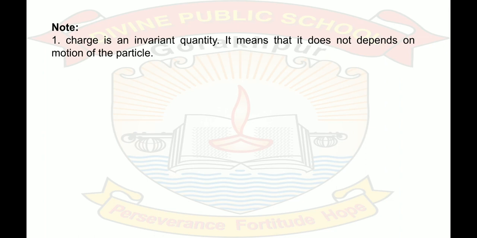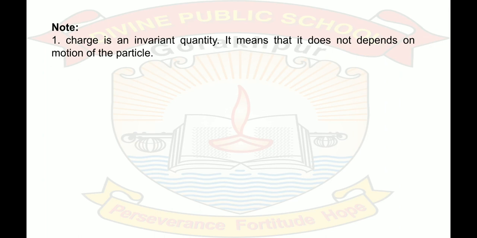Mass is also a property. Mass is actually the amount of matter contained by a body, and because of mass there is an attraction force between two bodies, called gravitational force. There is charge, and because of charge also there is a force, which is called electrostatic force.